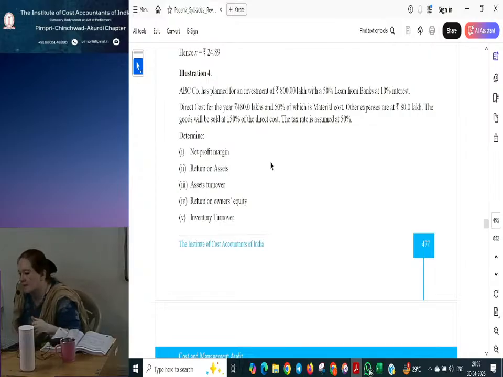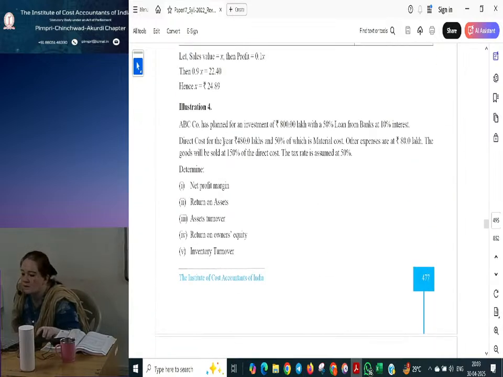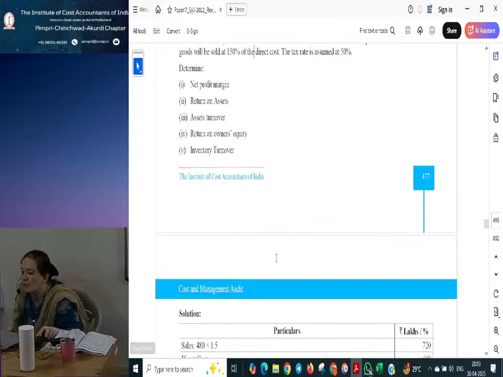First comes the sales. The goods will be sold at 150% of the direct cost. So 480 into 150% is 720. And the direct cost they have already given as 480 lakhs. That gives you the gross profit margin.